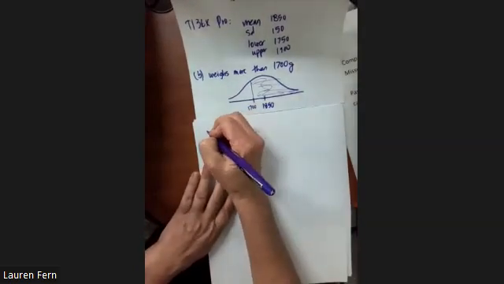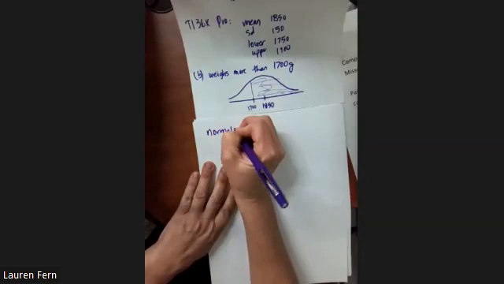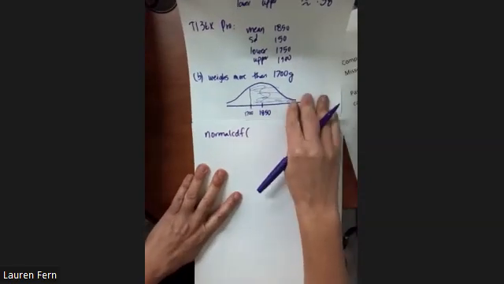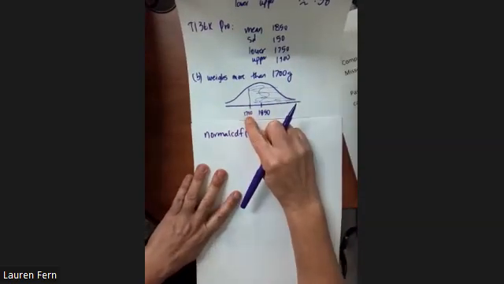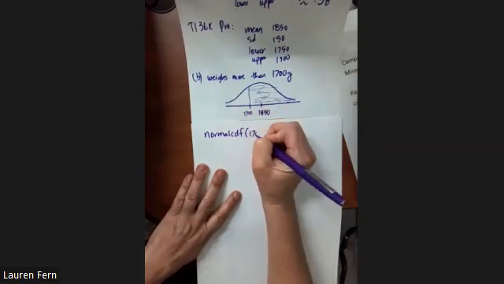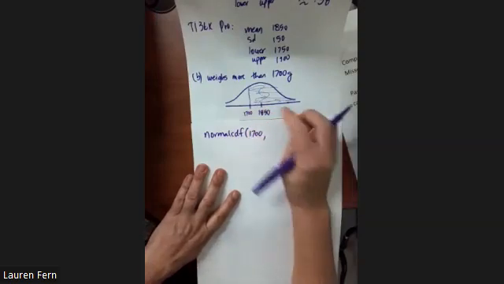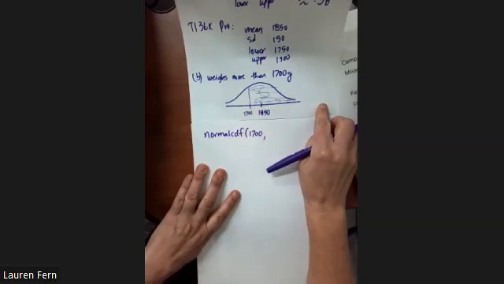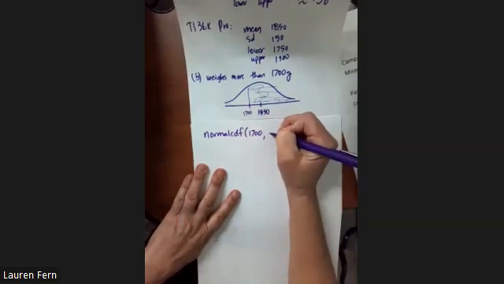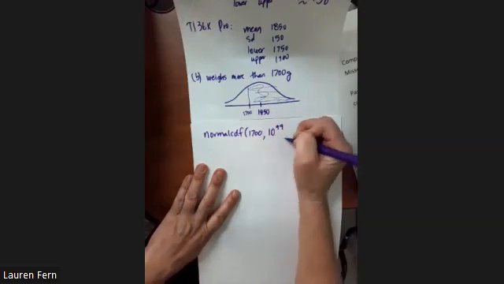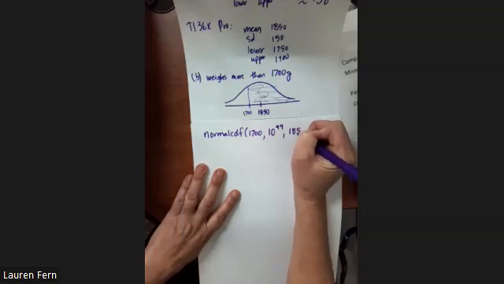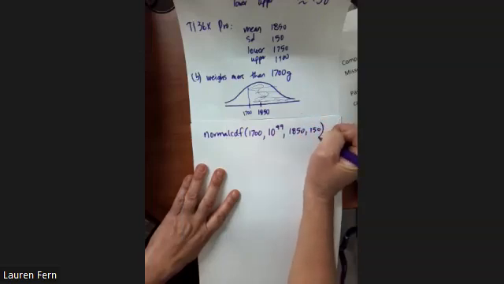We have our normal CDF. What's my lower bound now? 1,700. What's my upper bound? Infinity. Does anyone remember what we put for infinity? 10 to the 99.